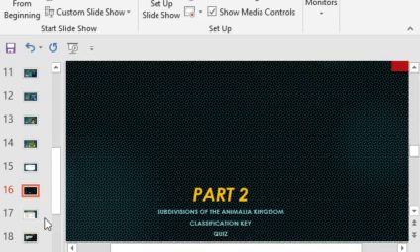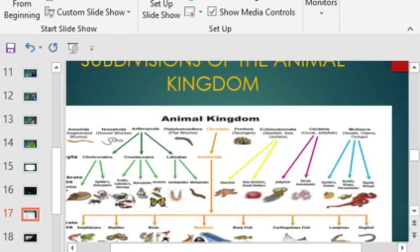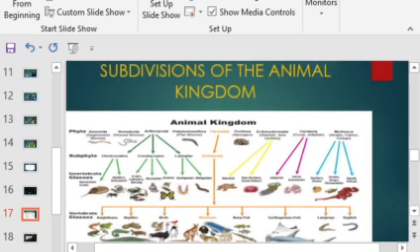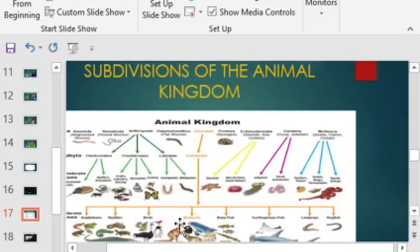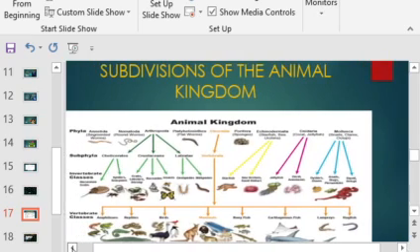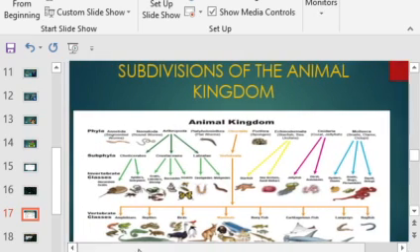Right. So we have a flow chart here of the animal kingdom, very colorful. Here you can see, let's just blow that up.